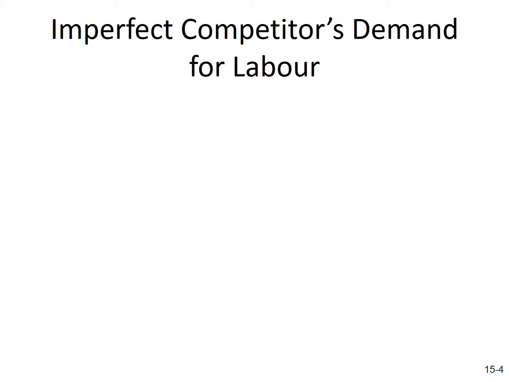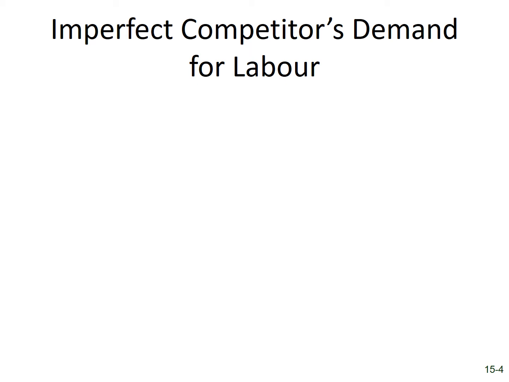Same reasoning when we're looking at a market that is not in perfect competition. So an imperfect competitor's demand for labor will reason in the exact same way. The only difference is that this time the firm is a price maker and not a price taker.